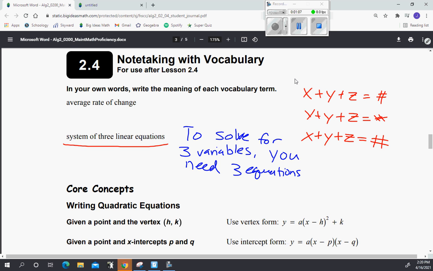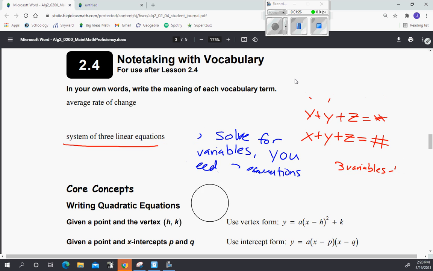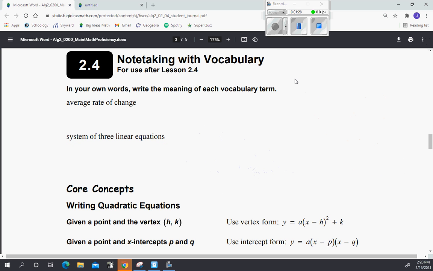Okay? You cannot have three variables and two equations. Okay, that will not work out. That will not work. You need three equations to solve for three variables.